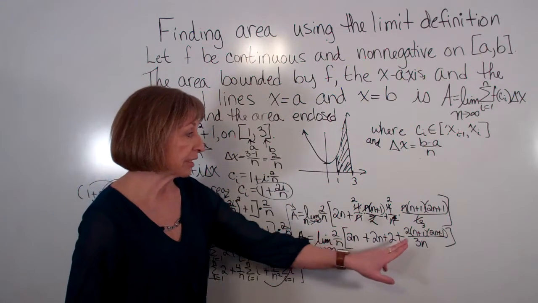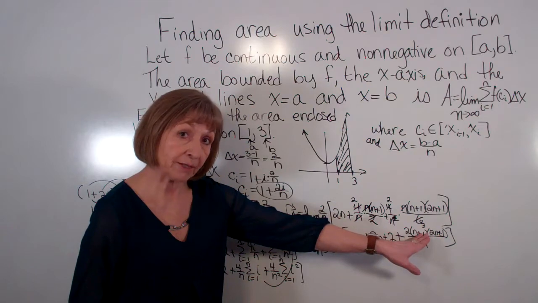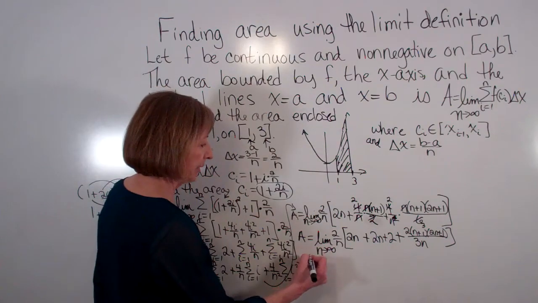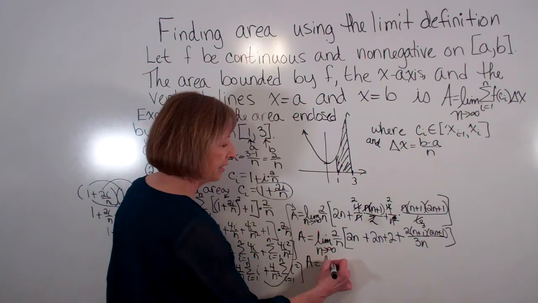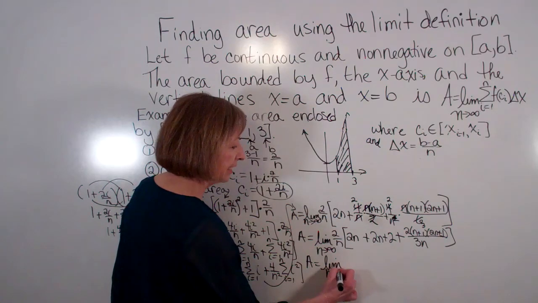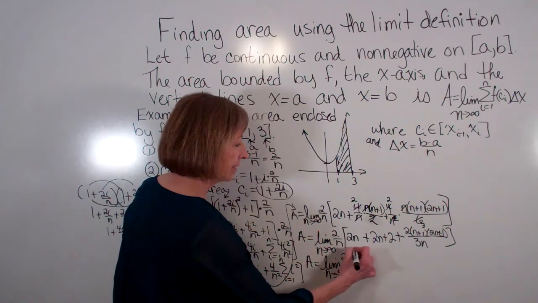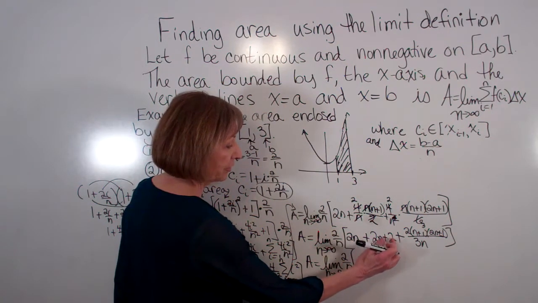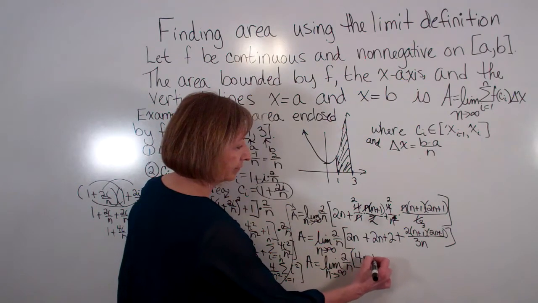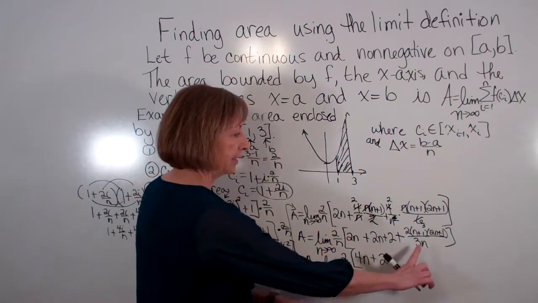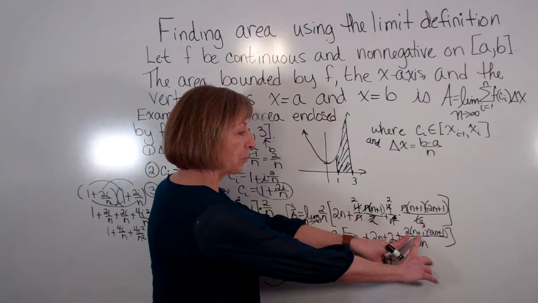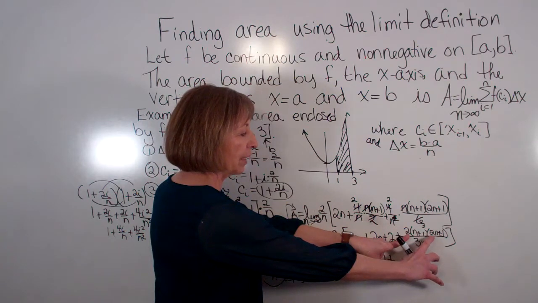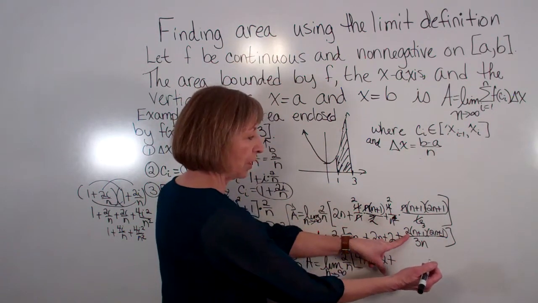I'm going to simplify just a little bit more. We are going to multiply out this binomial and then distribute the 2 through, and then we'll look at our limits. So area is equal to the limit as n approaches infinity of 2 over n times, well, this 2n plus 2n is 4n plus 2, plus, when you multiply out n plus 1 times 2n plus 1, you're going to get 2n squared plus 3n plus 1.